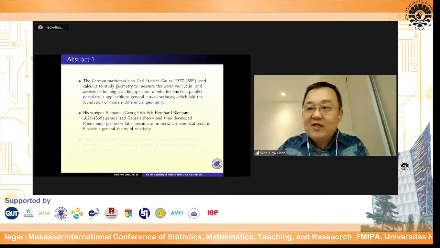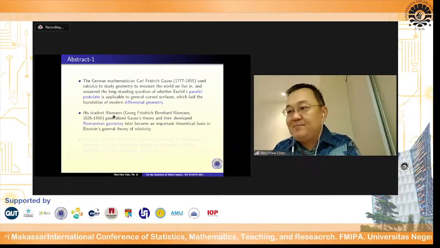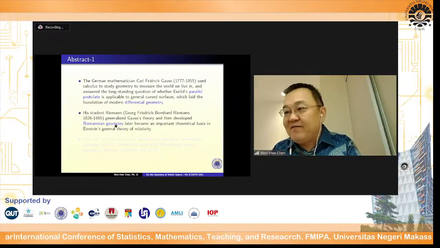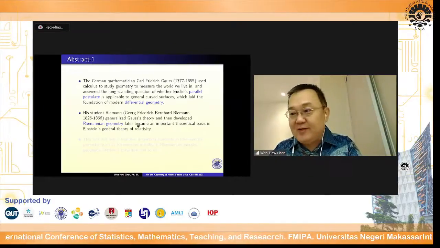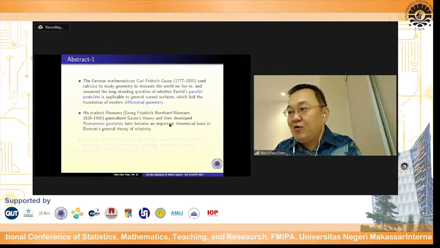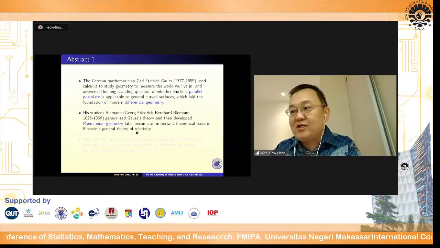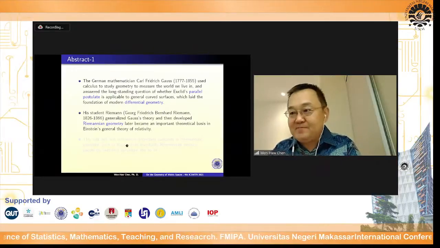And we know his student Riemann generalized Gauss's theory and developed Riemannian geometry, which became an important theoretical basis in Einstein's general theory of relativity.